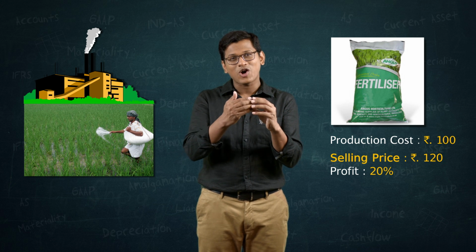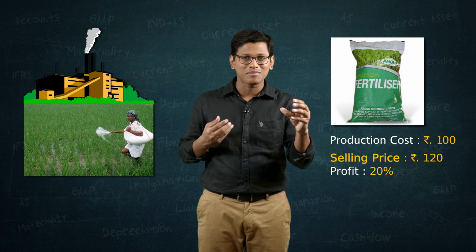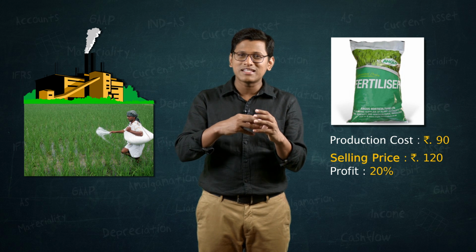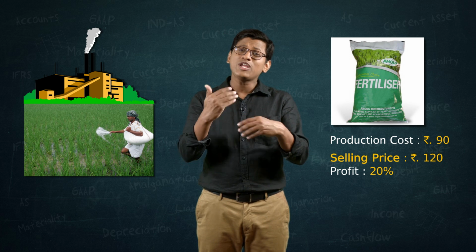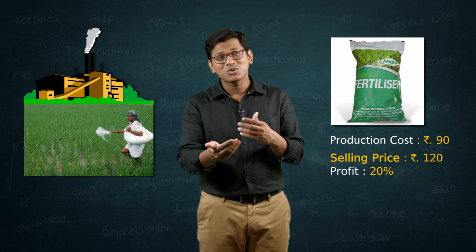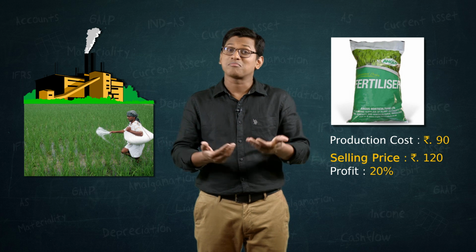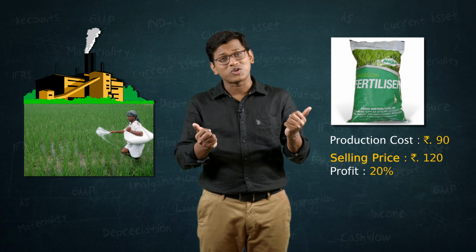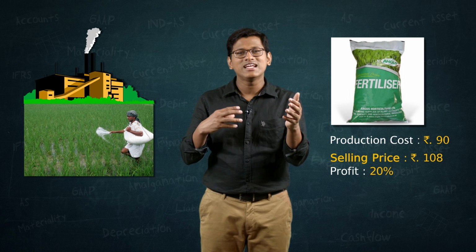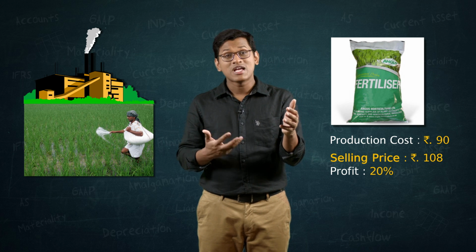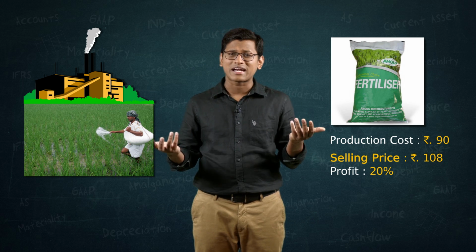So basically your cost will get recovered. So your cost of 100, if it becomes 90, imagine some 10 rupees of subsidy government is giving and your cost becomes 90, then what will happen? On 90 you will add a 20% margin. So instead of 120 rupees as a selling price for the farmer, maybe the selling price might be 108 rupees. So like this, there can be something like an input subsidy that a fertilizer company can get. Such subsidies are also covered by this accounting standard on government grants.